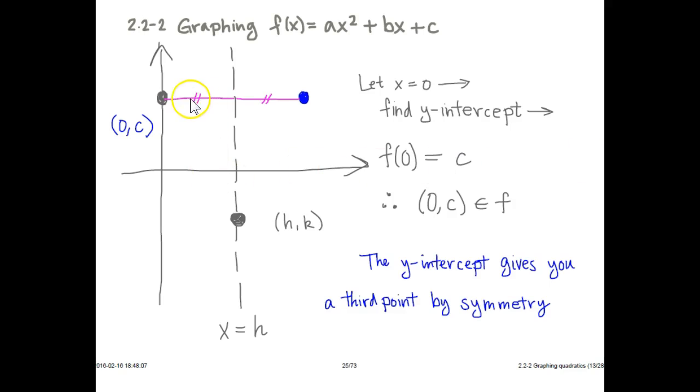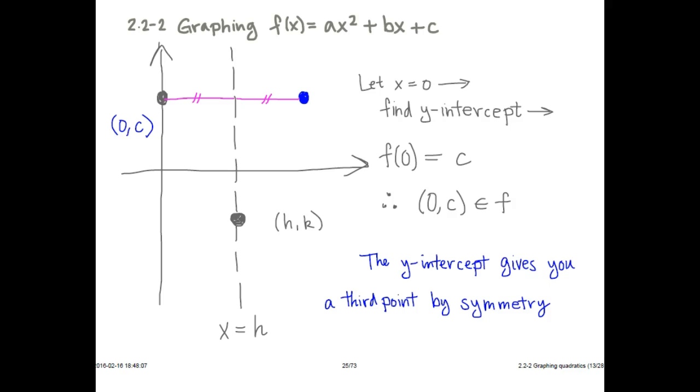If I go from the y-intercept to the axis, and then the same distance again in a line perpendicular to the axis, I find another point, because this point has another symmetrical point, same measure away from the axis, on the other side of the axis. So, that's very good. Now we have 3 points.